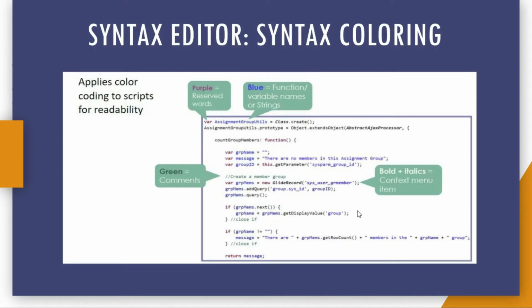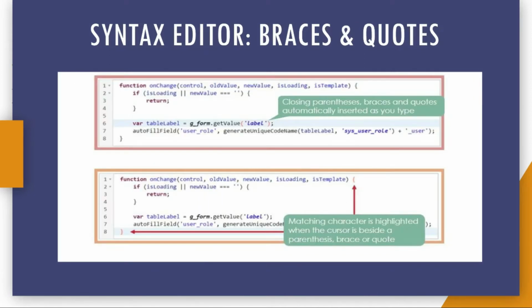So we can see how this context menu item also shows up. These colors give a very visualized form of a script where we can see our script properly. As you can see here, proper coding is done, and proper commenting has been added, like create a member group, close, and these things are mentioned as part of these functions. So let's move further and see the syntax editor for braces and quotes.